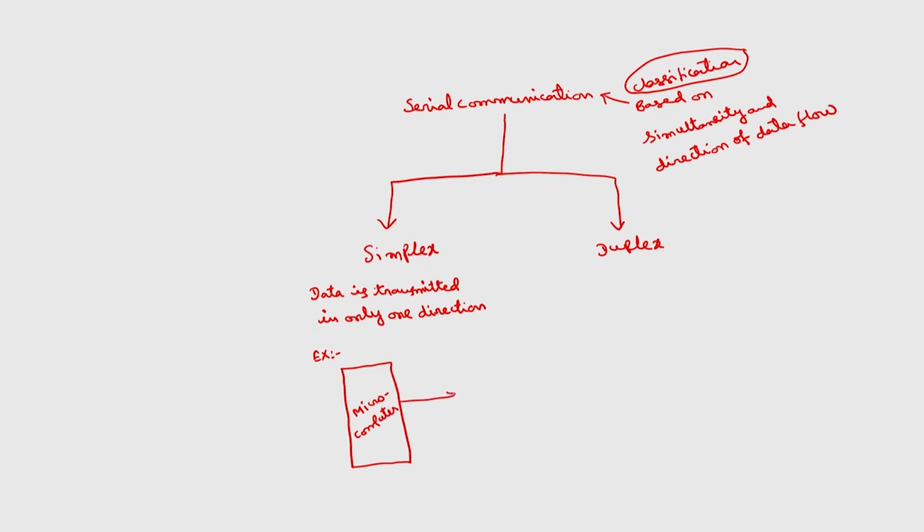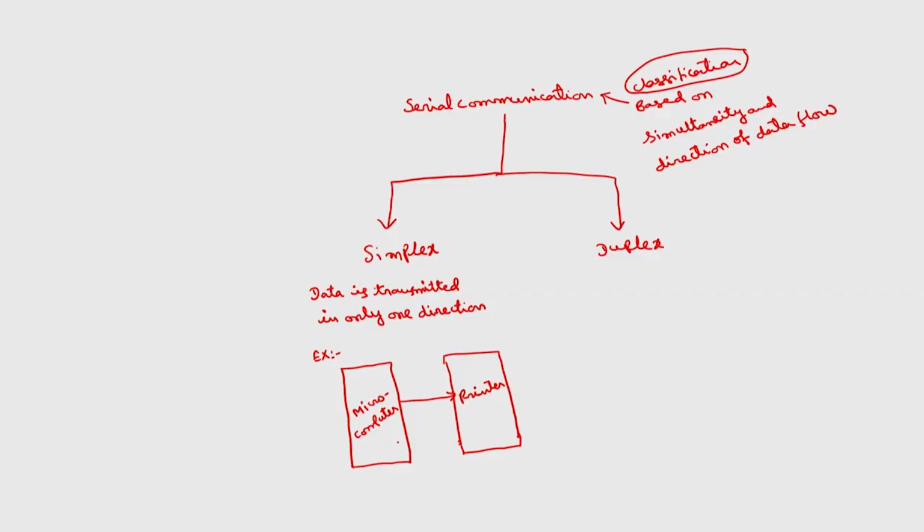If you want to transmit to a printer, this takes place through simplex, because there is only one direction. The printer cannot transfer data to the microcomputer, but the microcomputer can transmit data to the printer.